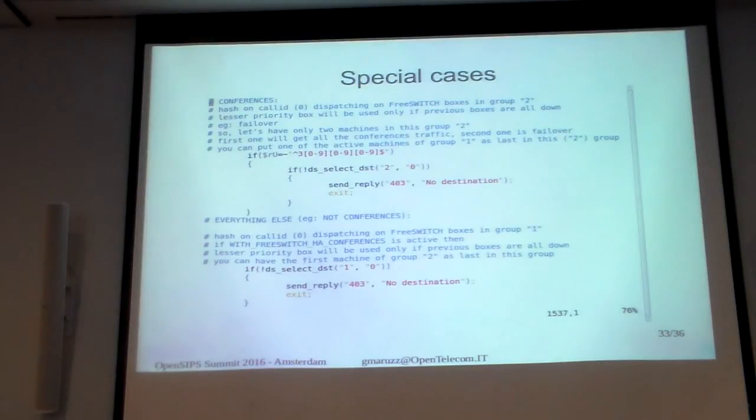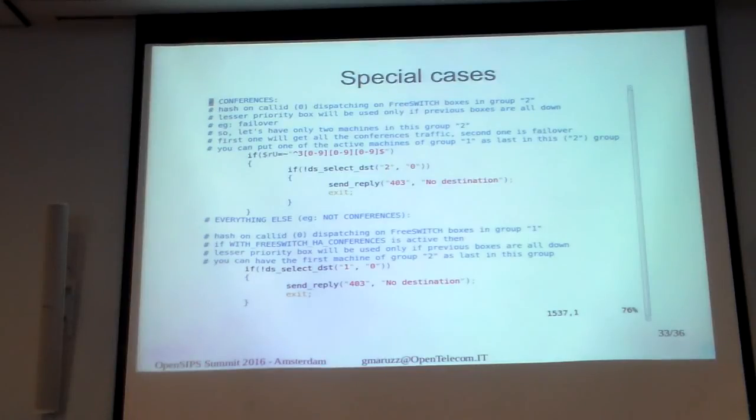For example, this is a very easy case where you first check if the caller is trying to reach a number, an extension, that is one of the conference extensions. That's mimicking the standard FreeSWITCH dial plan where 3000 etc. numbers are for conferences.